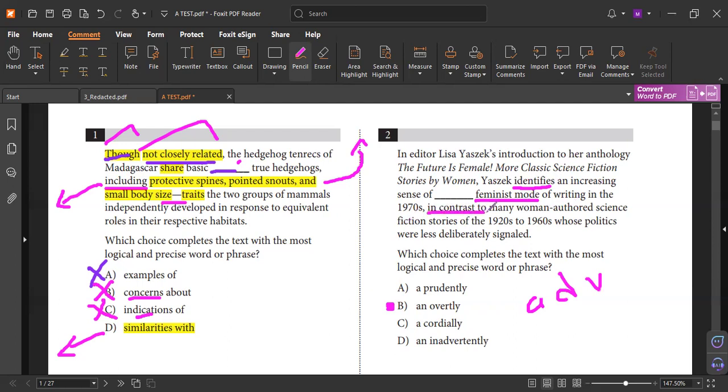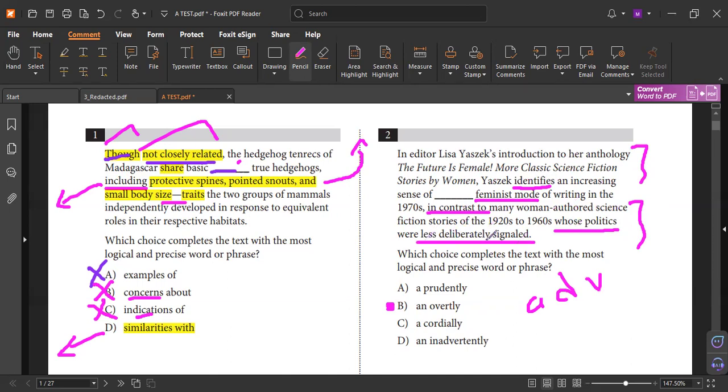In contrast to this part: in contrast to many women authors, the science fiction stories of two whose politics were less deliberately signaled.